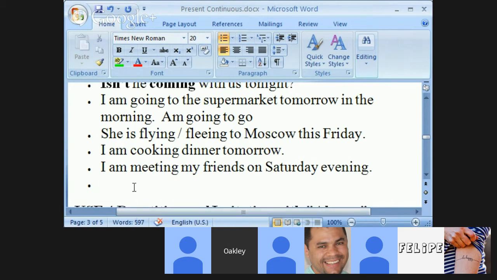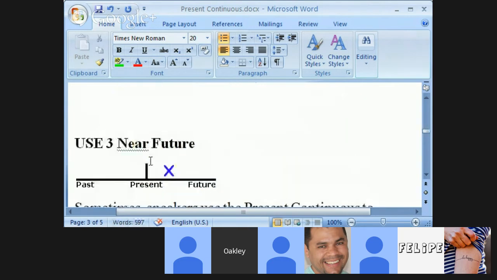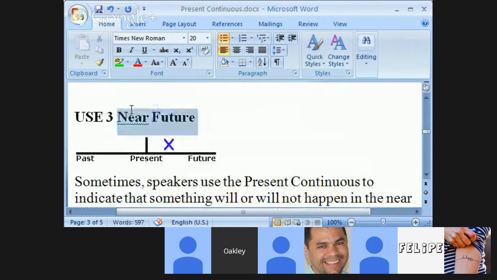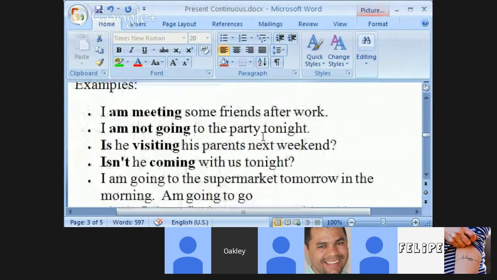All right, Kliber, you want to give this a try? Try on phrasing. The idea is we're talking about using the present continuous to talk about something in the near future. Basically, something planned.